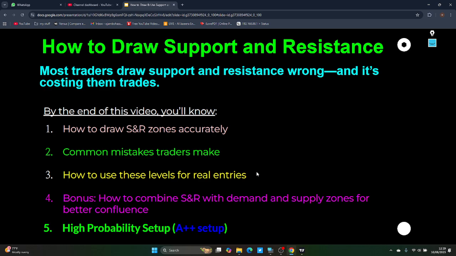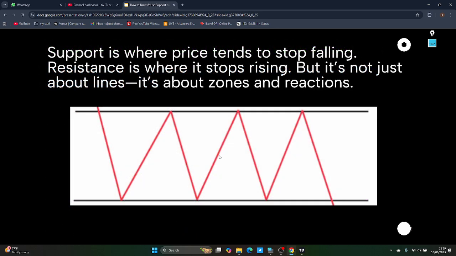So with that being said, let's proceed to the first concept of the video. We have a drawn model of how support and resistance look. Support is where price tends to stop falling, and resistance is where price tends to stop rising. But it's not just about lines, it's about zones and reaction points.